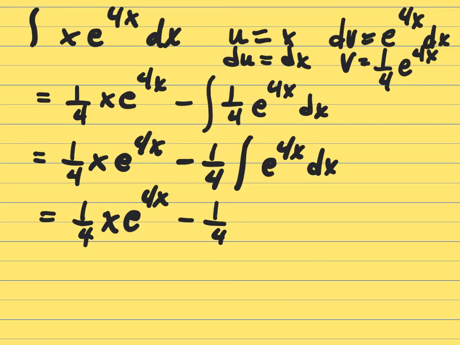Okay, just like we did at the very top right of your screen, this integral, the e to the 4x, the derivative of the power is 4, but there's no 4 there. So think of it as if we put a 4 there, then we've got to take it back off, similar to this.